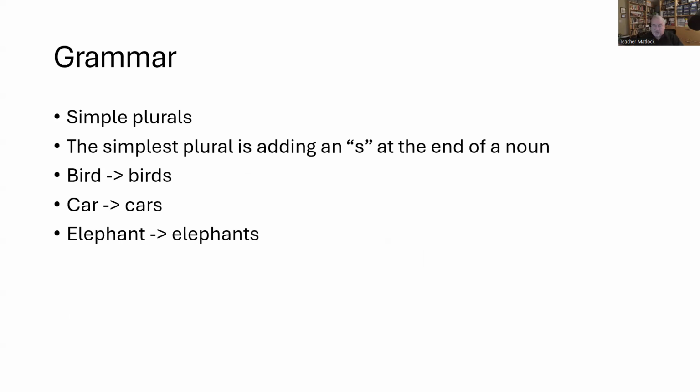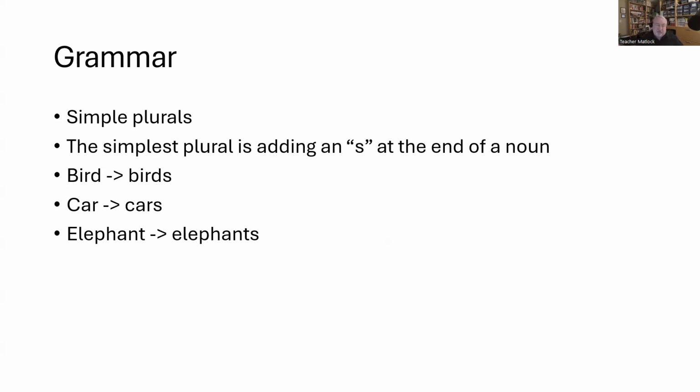Now let's talk about some grammar, and let's talk about making plurals. A simple plural is easy to make from most words, and that is adding an S at the end of the noun. So, for example, bird becomes birds, car becomes cars, elephant becomes elephants.